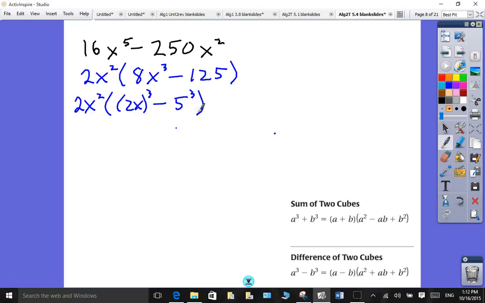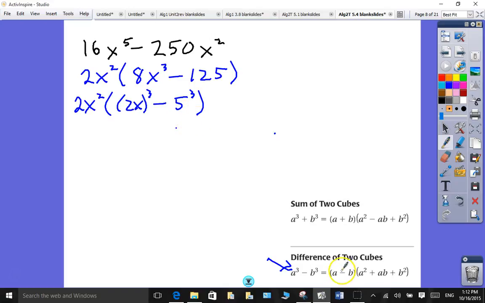Now once you see it as the difference of cubes, use the formula right there. In our problem up here, what represents the A and what represents the B in the formula? A equals 2x and B equals 5.